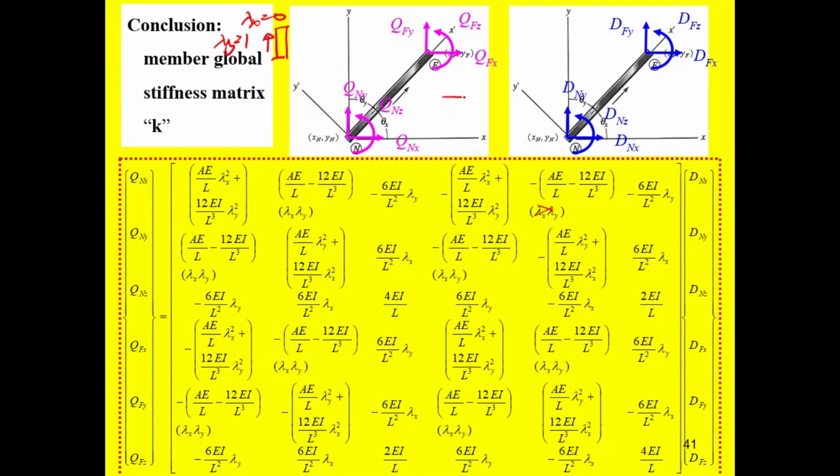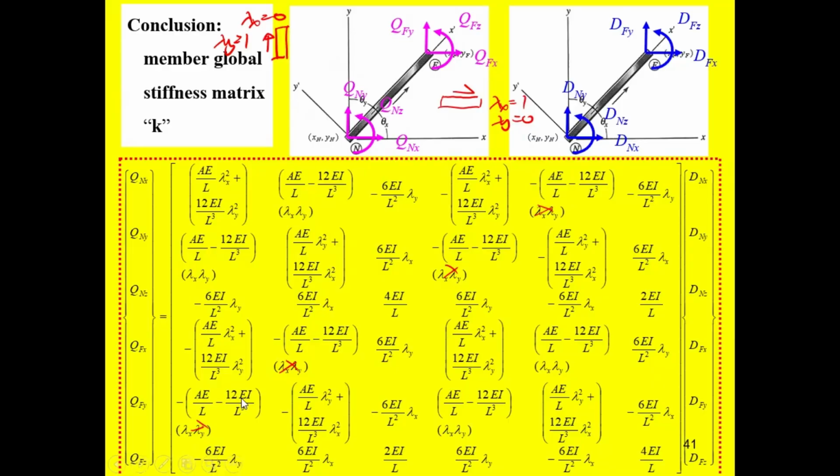If I put the member in the horizontal direction, lambda sub x equals 1, lambda sub y equals 0, all of this multiplication of lambda sub x and lambda sub y is going to be 0. All of this term is going to be 0.